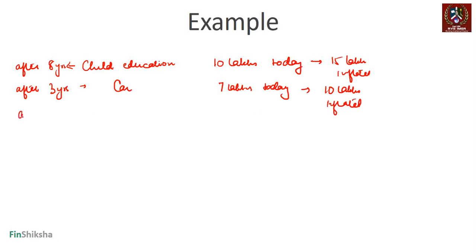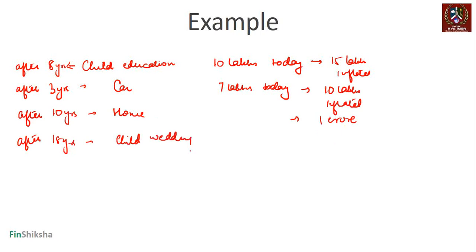And similarly, you might want to purchase a home after 10 years. You want a home, and the inflated value of that might be 1 crore, right? And then after 15 years, or after, let's say, 18 years, you have child wedding, correct?